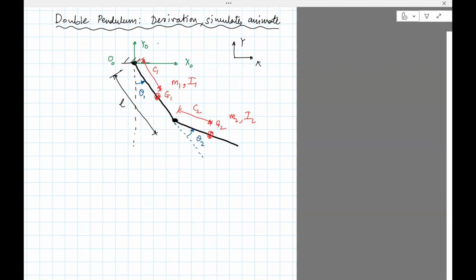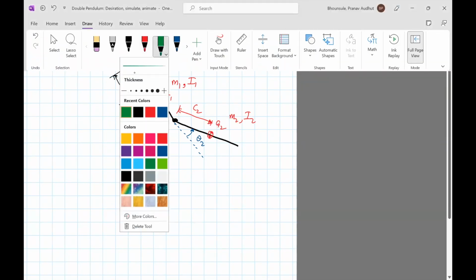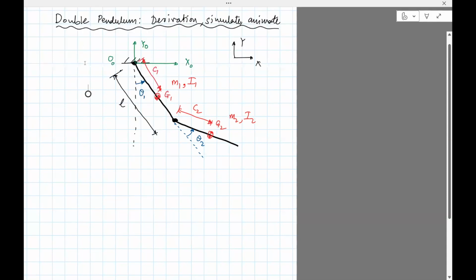Okay, now let's draw a frame for the first link. Again, that's a choice you can make. So here I'm just making a choice which is X1 is along link 1 and Y1 is normal to that. So this is X1, Y1, and then the second one is like so, X2, Y2.